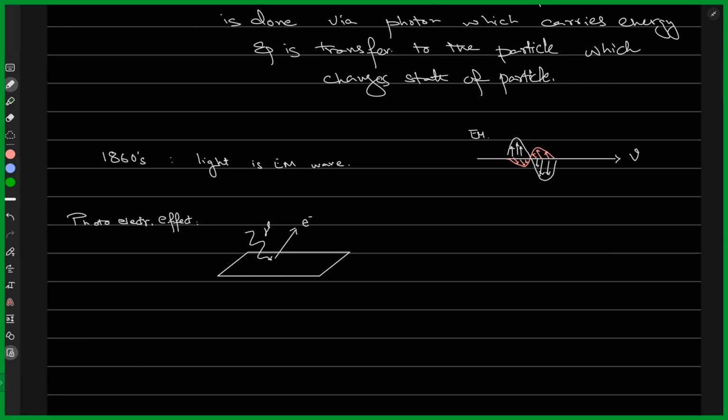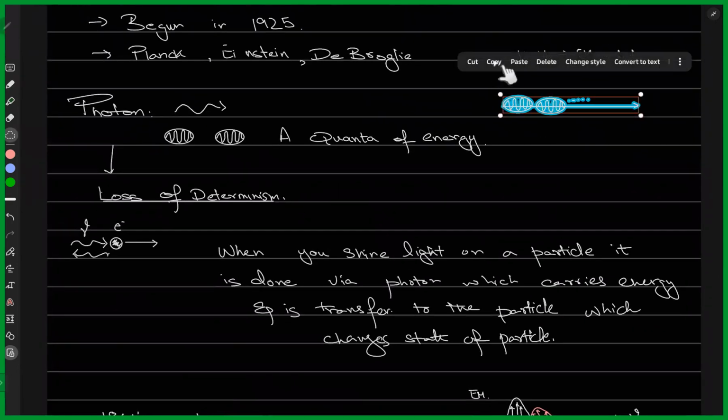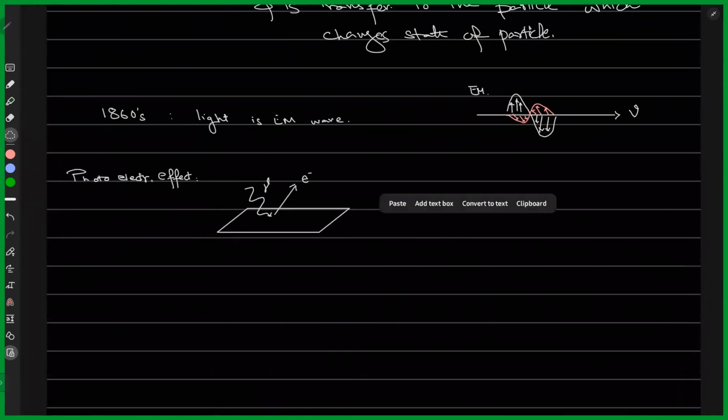And Einstein did that, where he said that in a light beam, energy comes in quanta. Again, that is the idea of a photon. So if I just bring this back down, in this light beam the energy is in the form of these photons. These photons carry energies, and they are little packets of energy, and they make up a light beam. Which means that the beam is composed of packets of energy.